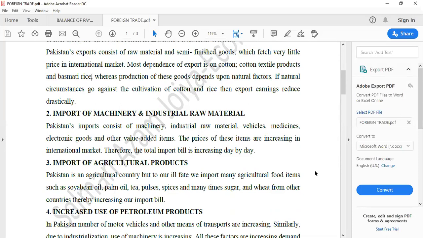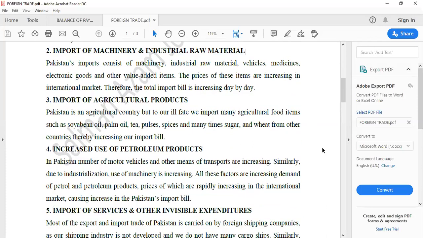Likewise, we are unable to produce machinery and industrial raw material. We import machinery and industrial raw material from the international market. Since machinery and industrial raw material are expensive in nature, our imports are expensive.